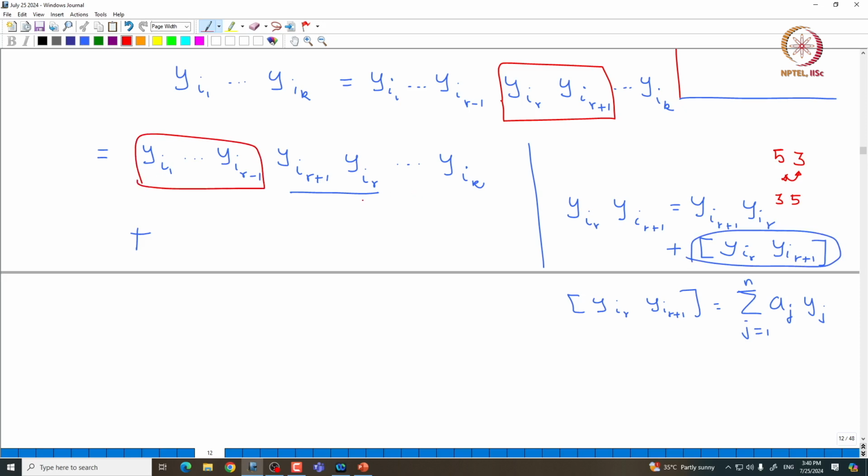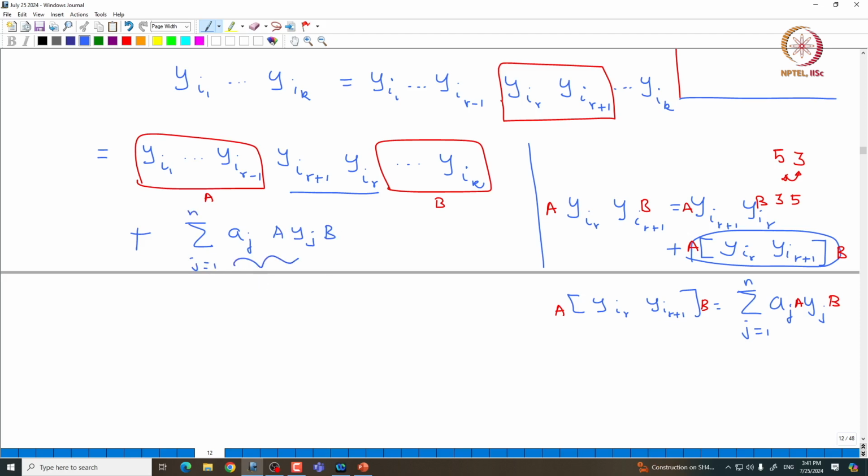Call the prefix A and the suffix B. Then you multiply by A and B on each term, and that gives you the summation of aj A yj B. But note that these terms are lower degree terms.